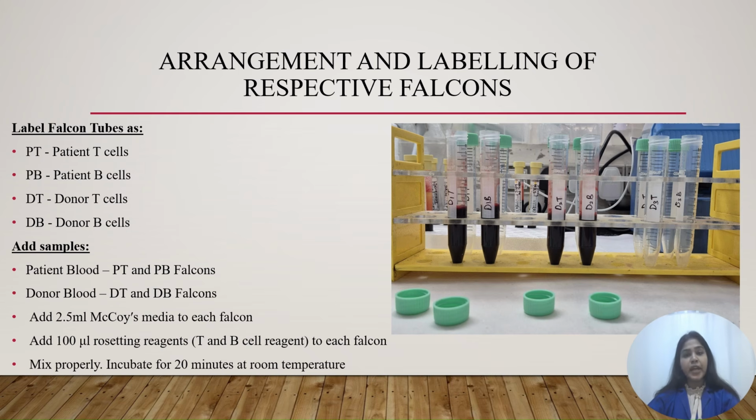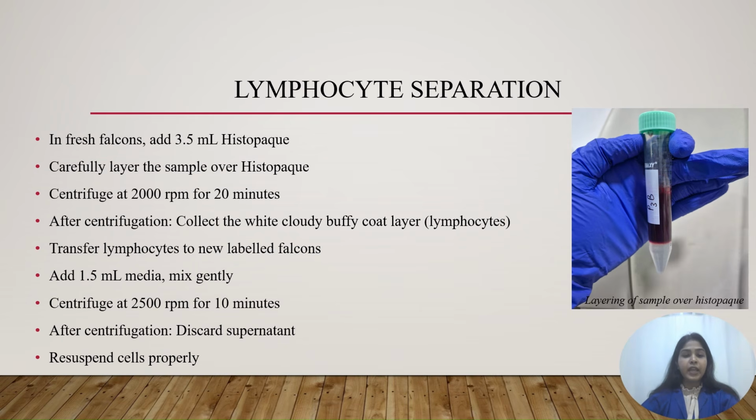We'll mix properly by inverting the falcon slowly and incubate it for 20 minutes at room temperature. Here you can see in the picture the arrangement and labeling of the respective falcons for the three donors.